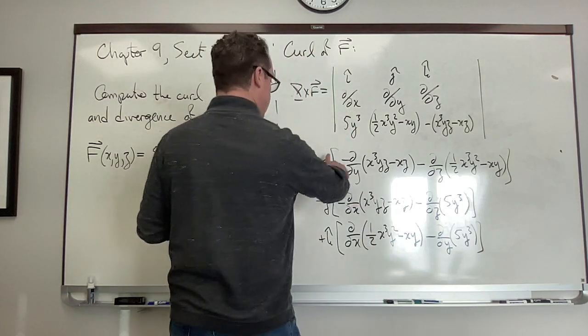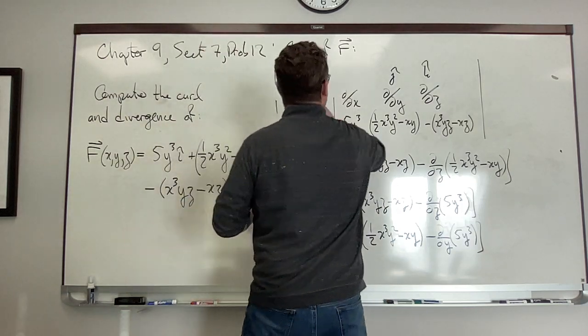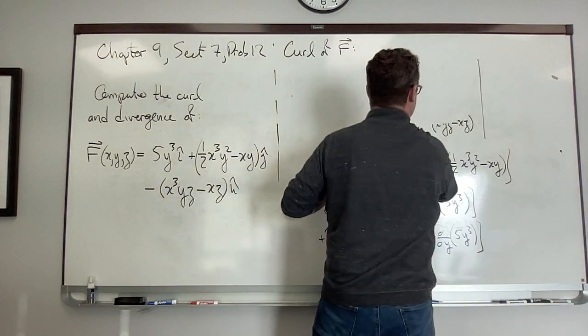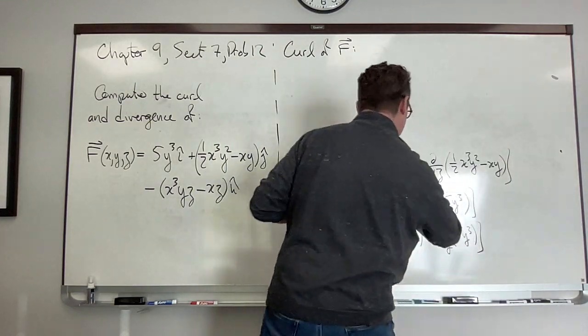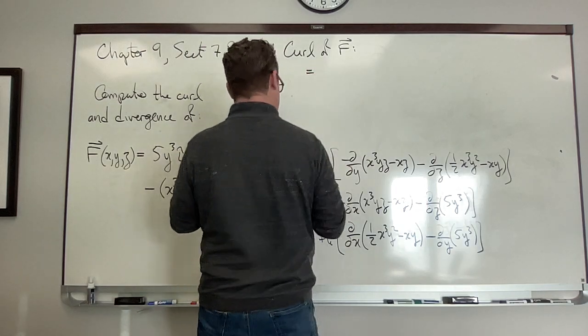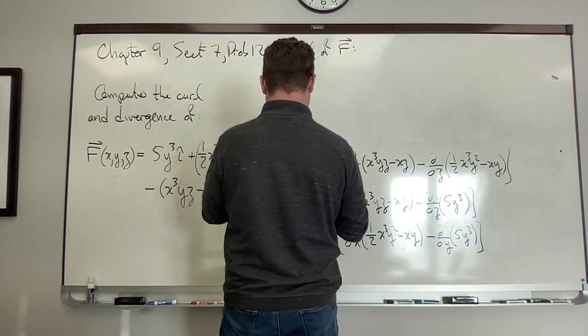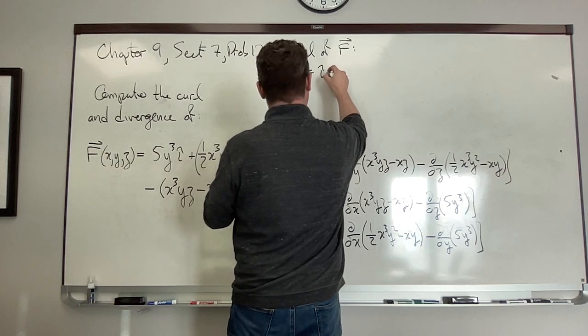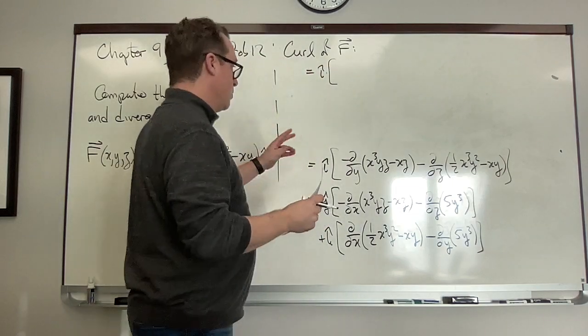Okay? And what I'm going to do is just replace this up here. And now we'll execute these partials. So this thing now would equal, okay, I would take i, and it'll look like this. Let's do them one at a time.